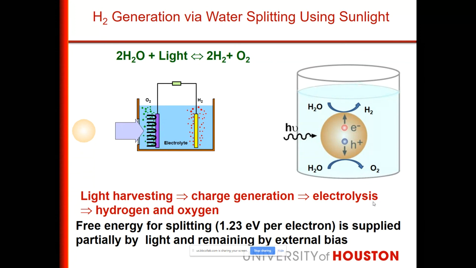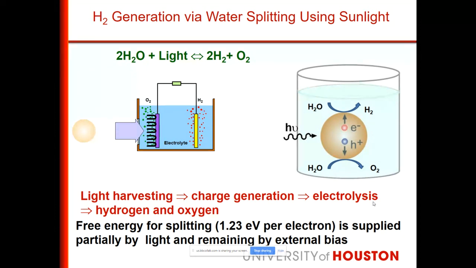So what we do is use photoelectrochemical ways to generate hydrogen. That means we have a nanostructure, we shine light, but we apply a small electrical voltage so that the electrons generated from the material can flow to the other electrode. For example, this is the anode, this is the cathode.